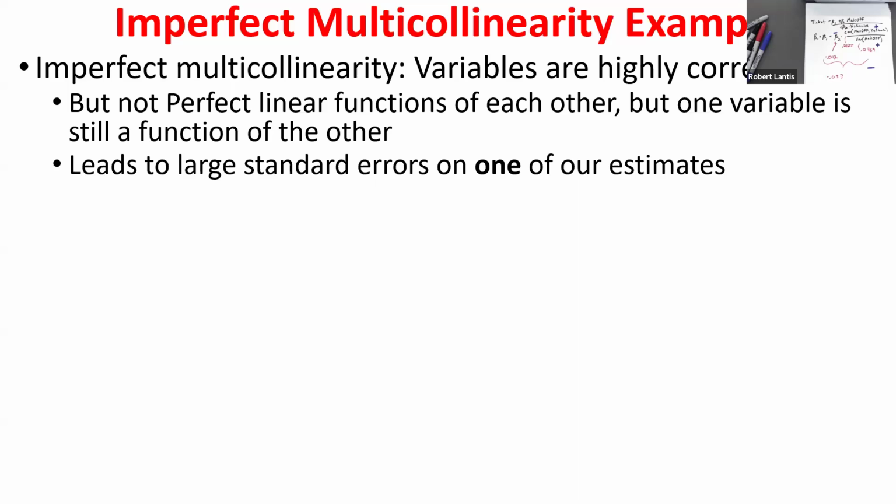However, it's not perfectly multicollinear, because I could have two individuals, someone who's 30 and someone who's 35, with the exact same years of experience. However, every time I have one more year of experience, that inherently makes that person's age one higher as well. So they move together, but they're not perfectly multicollinear, right?